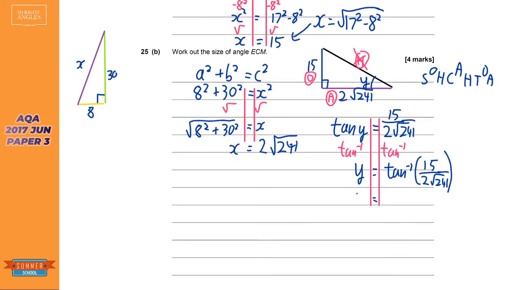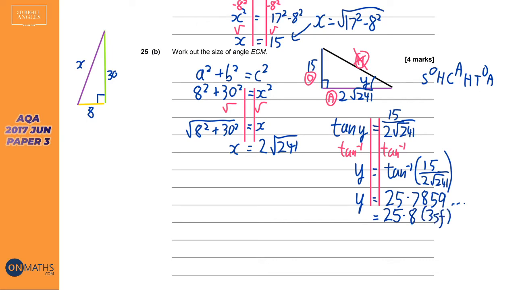Okay, so to find out y, I'm going to do inverse tan fraction 15 over answer, come out of the fraction, close that bracket, and I get 25.7859 blah blah blah, which equals, it doesn't say to give a specific rounding, so I'm just going to pick 3 significant figures, 25.8 to 3 significant figures.